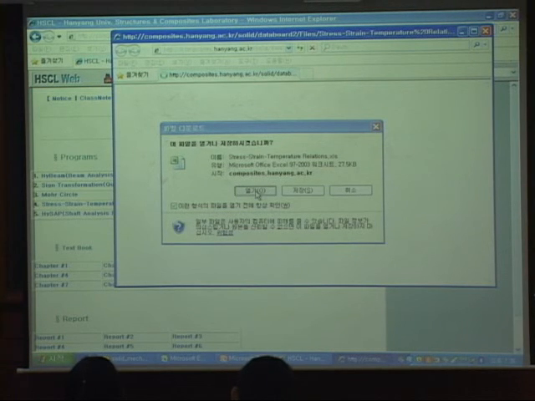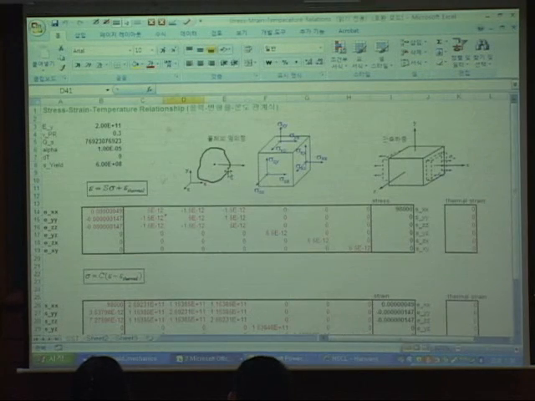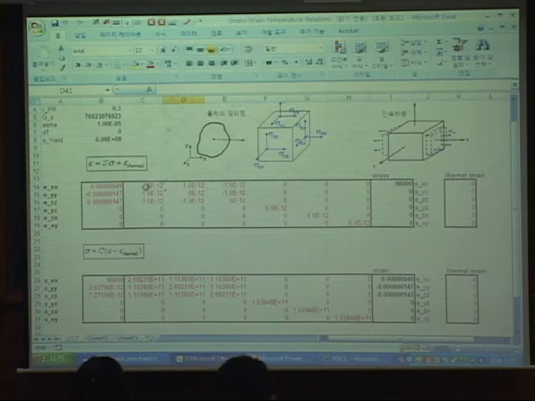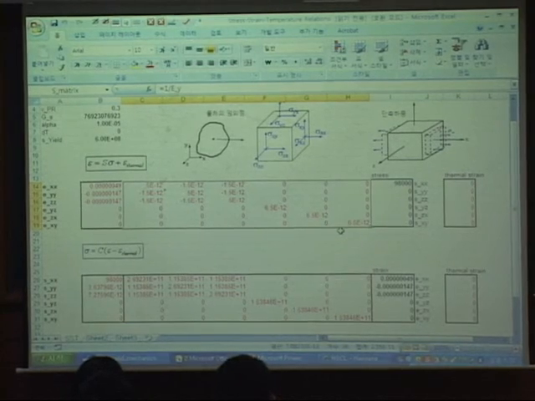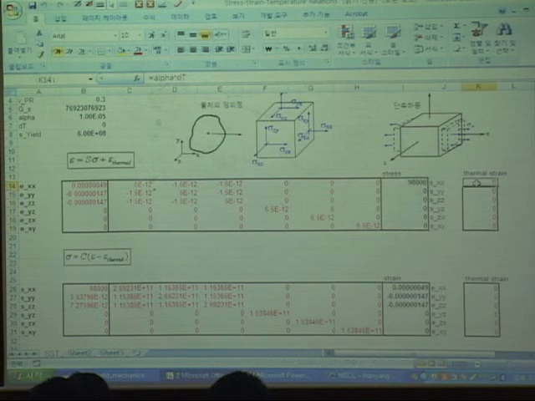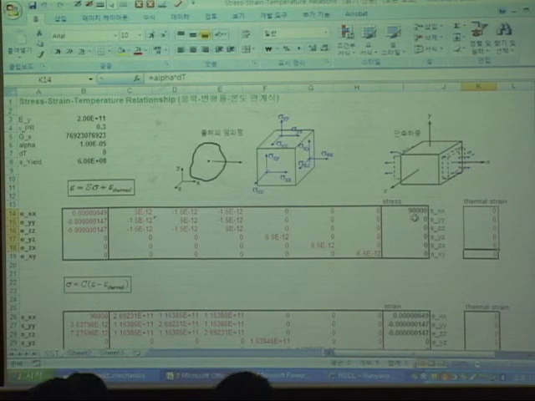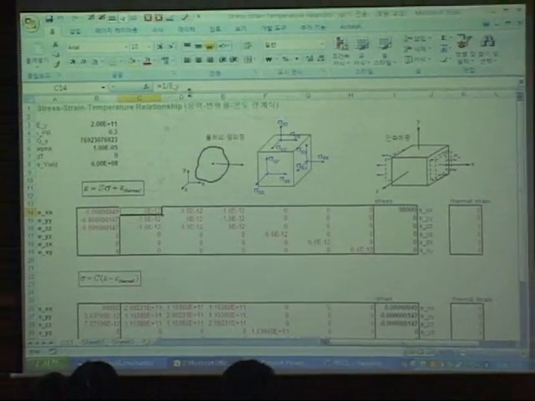There is an Excel file for stress strain temperature relations. Just for your understanding, here is the 6x6 matrix, and here is the strain, and here is the stress, and here is the temperature. So whatever you apply, for instance, this is the Young's modulus, and this is the 1 over E, right?